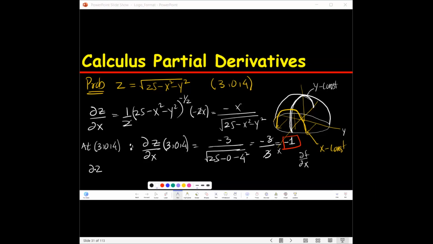I'm going to do the same thing with respect to y. It's going to be half, exactly the same methodology. This time I take the derivative, and everything will be 0, just minus 2y left over. I can also write it like this, and the 2 cancels again. One more time it's going to be minus y divided by the square root of 25 minus x squared minus y squared.